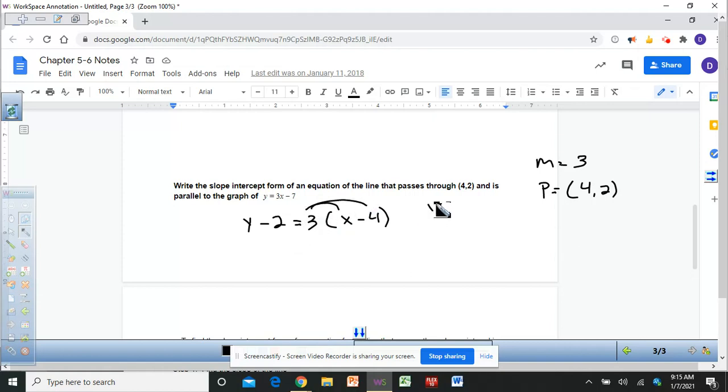Distribute. So then I have y minus 2 equals 3x minus 12. Add 2 to both sides. y equals 3x minus 10. And that's a parallel line. So that's how you do that. Very simple, couple steps, and then you're good to go.